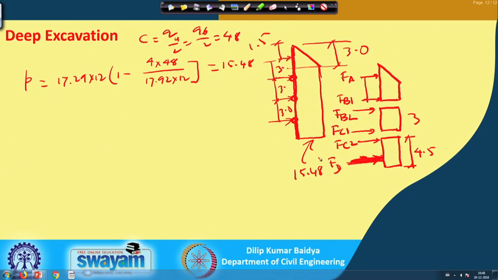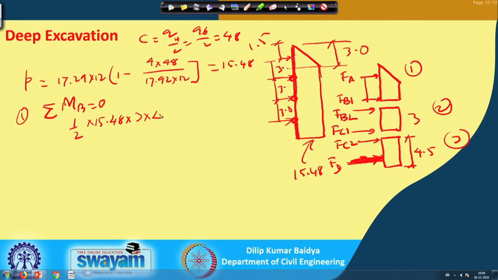Okay. And if this is 15.48, then I take moment with respect to B. For this problem, this is 1, this is 2, and this is problem 3. For problem 1, if I take sigma M B equal to 0, then you will get half multiplied by 15.48 multiplied by 3 multiplied by 4.